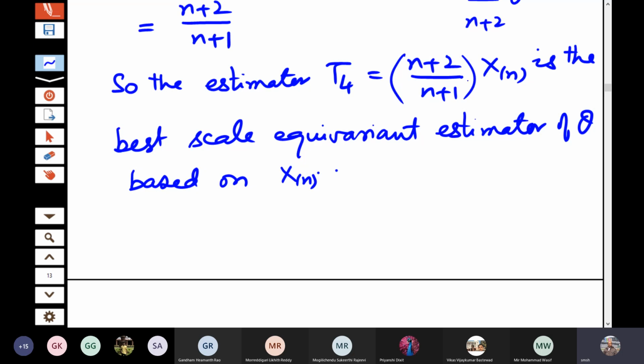In the class of scale equivariant estimators of theta based on xn, this is actually the best estimator. We would certainly prefer it, because this is based on a loss function. So basically it covers the mean squared error here. Is that okay?